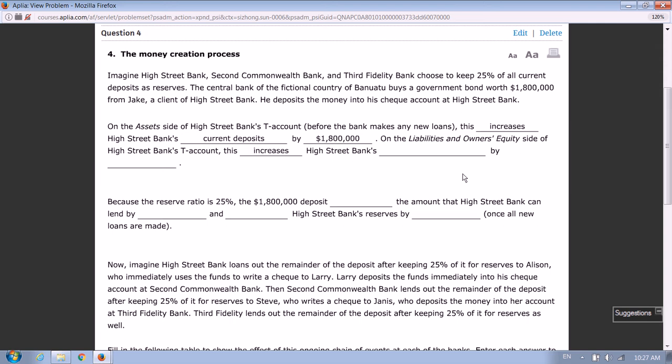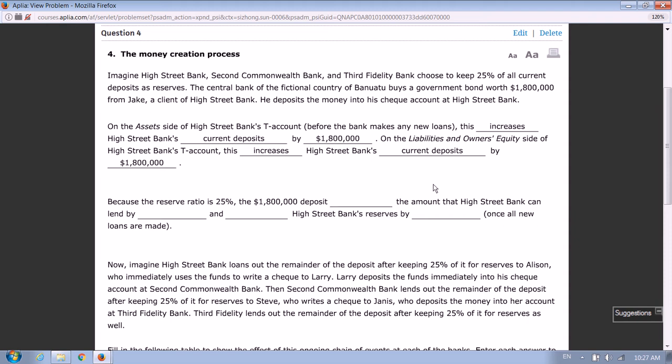On the liabilities and owner's equity side of High Street Bank's T account, this increases High Street Bank's liability by 1.8 million.